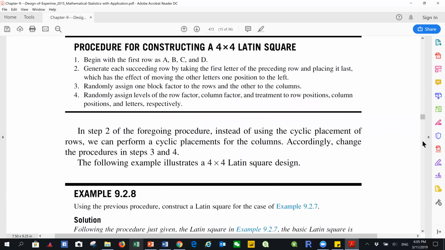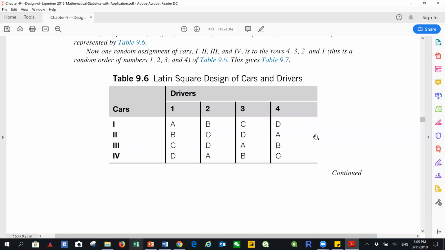In other words, you can still fairly compare the different additives, because all the different additives will be tested by the same car and the same driver at least once.